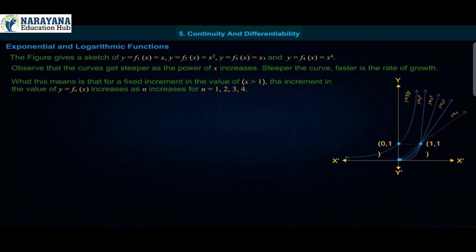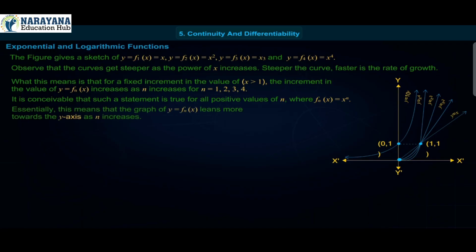What this means is that for a fixed increment in the value of x greater than 1, the increment in the value of y is equal to fn of x increases as n increases, for n is equal to 1, 2, 3, 4. It is conceivable that such a statement is true for all positive values of n, where fn of x is equal to x raised to n.